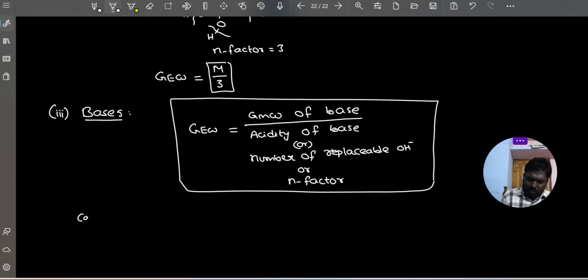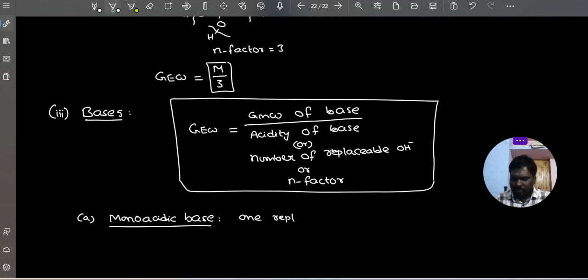Now, monoacidic base. What is a monoacidic base? One replaceable hydroxide is present, so the N factor is 1.